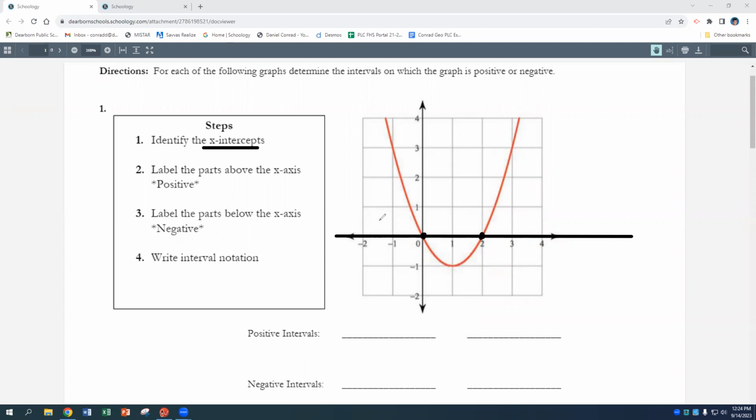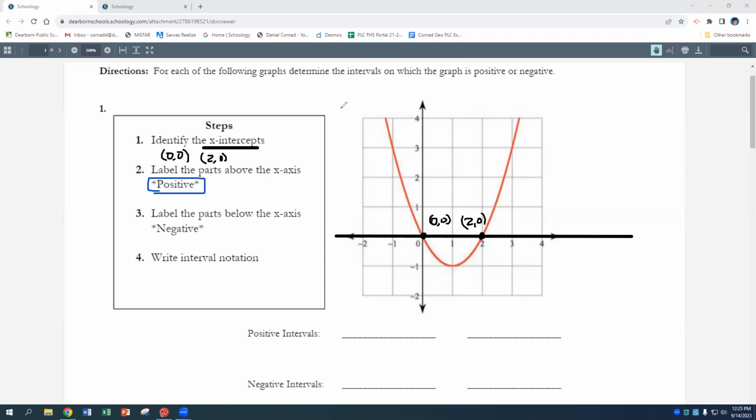My x-intercepts are 0, 0, and over here we have the point 2, 0. Those are my two x-intercepts: 0, 0 and 2, 0.